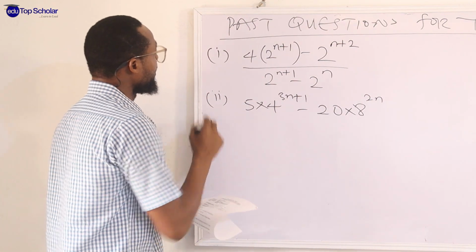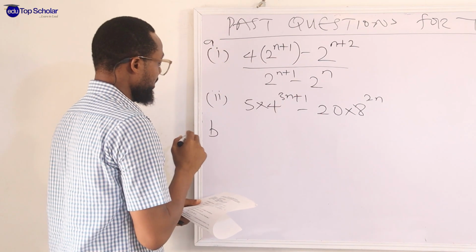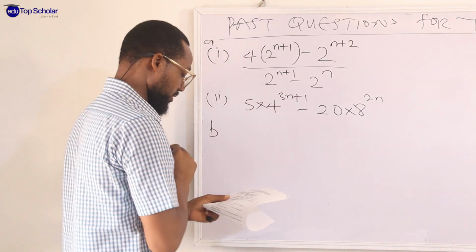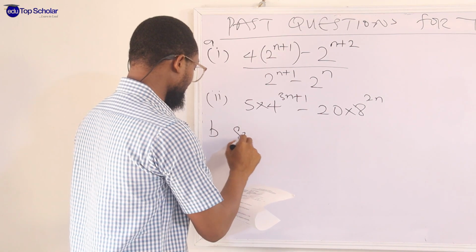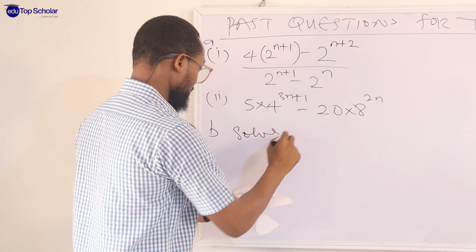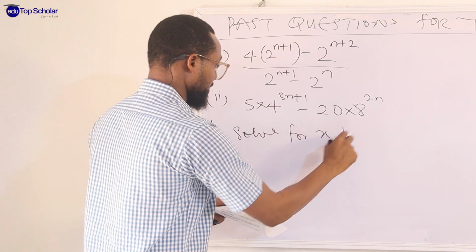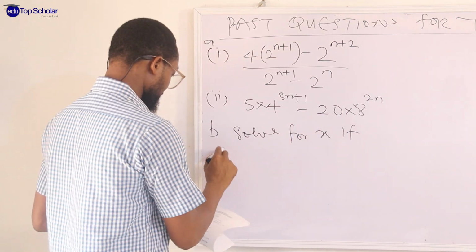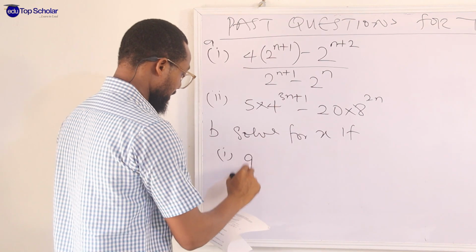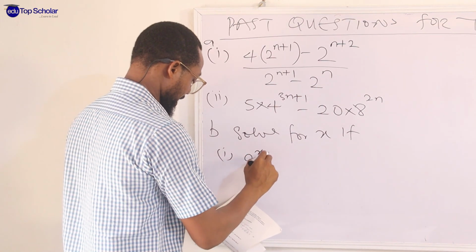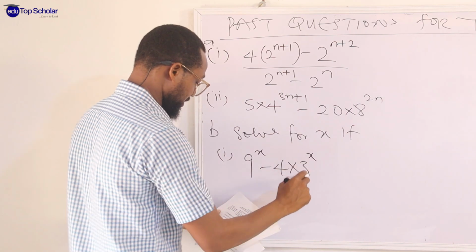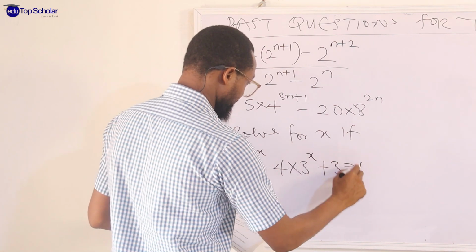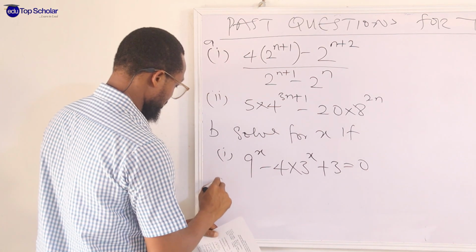This is question 1A and this is 1B. 1B says solve for x if 1. 9 raised to power x minus 4 multiplied by 3 raised to power x plus 3 is equals to 0.